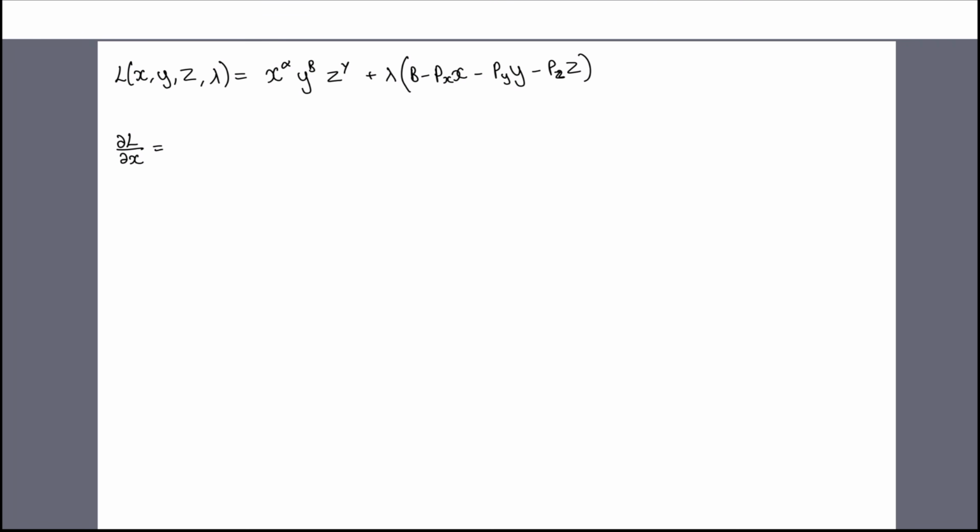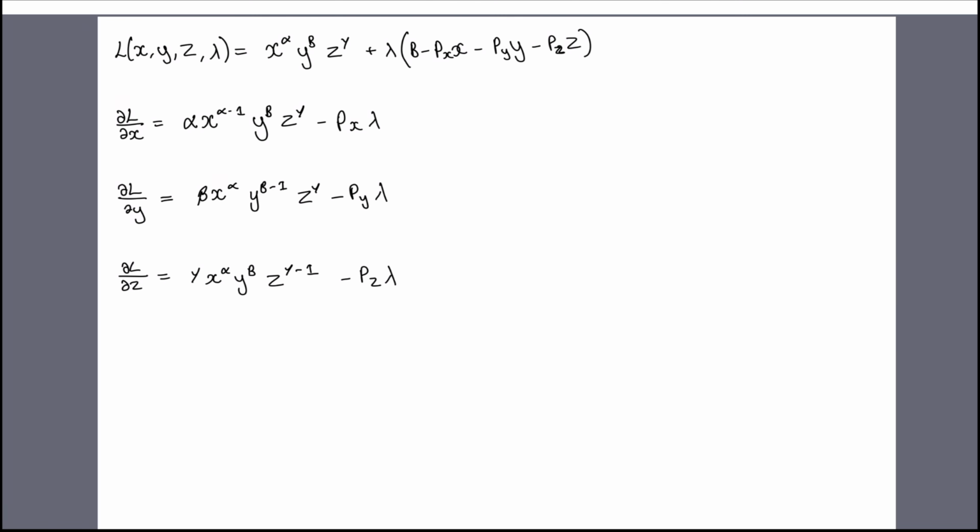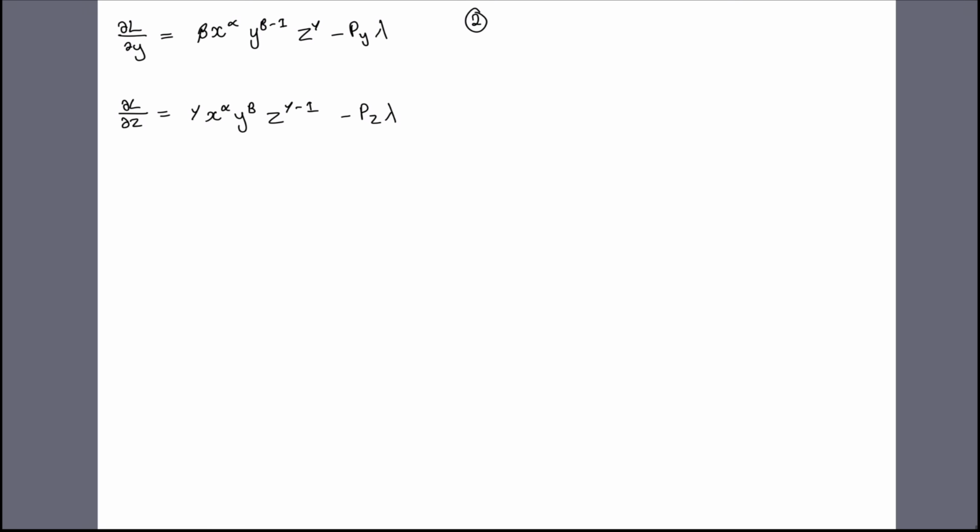Partially differentiating this with respect to x, we get alpha x to the power of alpha minus 1, y to the power of beta, z to the power of gamma, minus px lambda. So we get this.